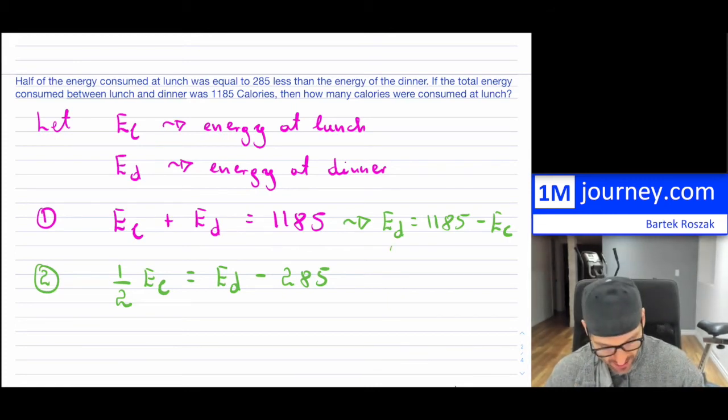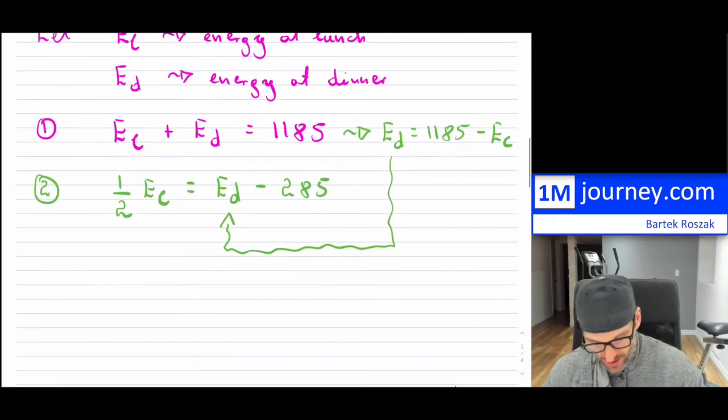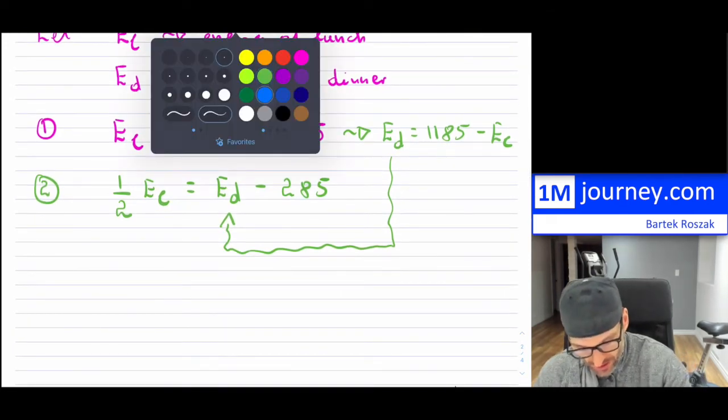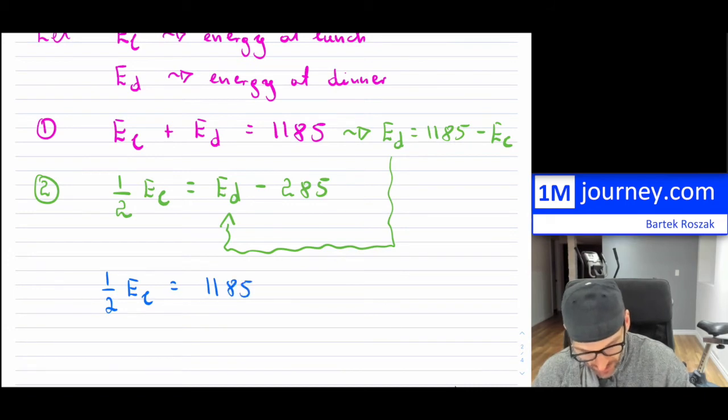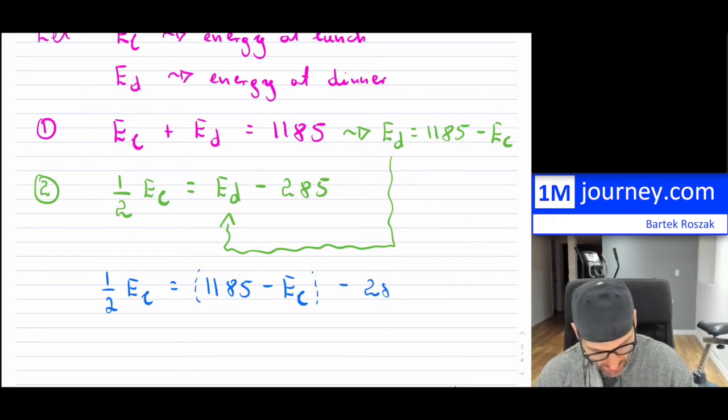Now I can take this and substitute it in here. So what do I get? So I'll have 1/2 energy at lunch equals, when I substitute, I'll get 1185 minus EL, right? You can put that in brackets if you like. Okay, so brackets, minus 285.